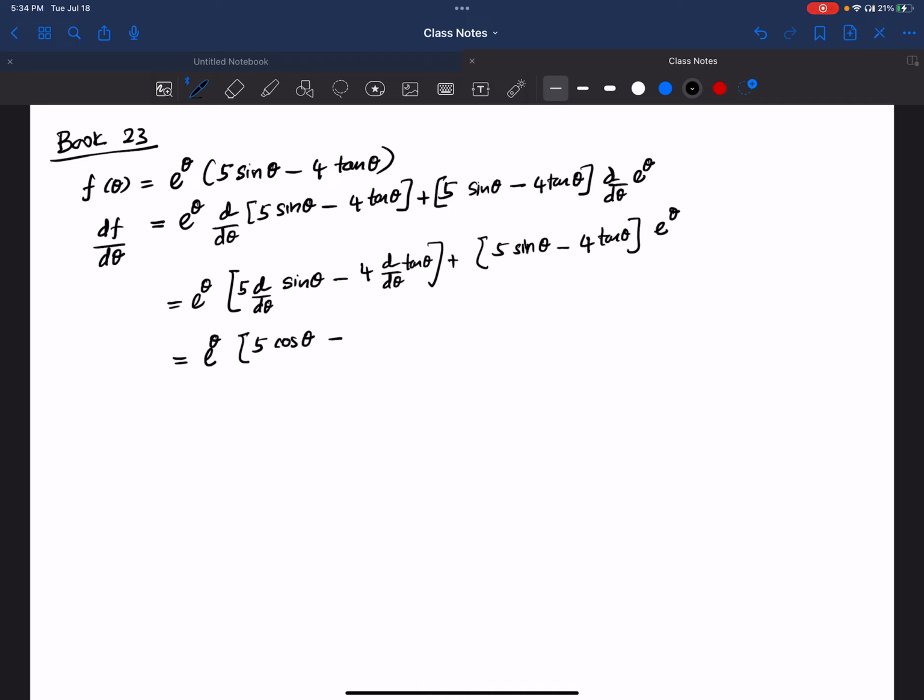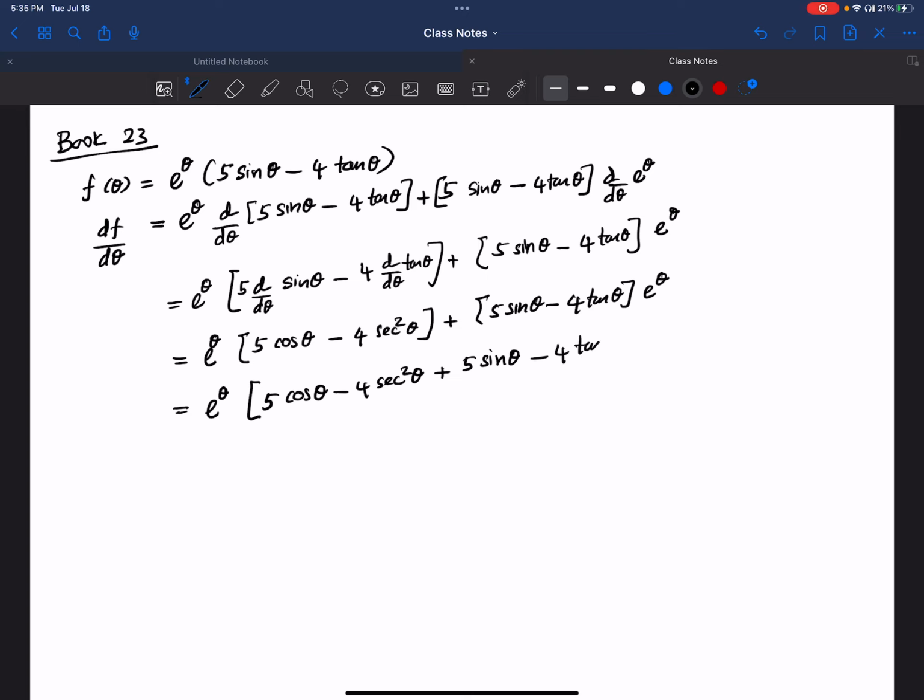We obtained that before. 4 times secant squared theta plus 5 sine theta minus 4 tangent theta times e to the power theta. So e to the power theta is a common factor. You can take it out, and then you have 5 cosine theta minus 4 secant squared theta plus 5 sine theta minus 4 tangent theta.